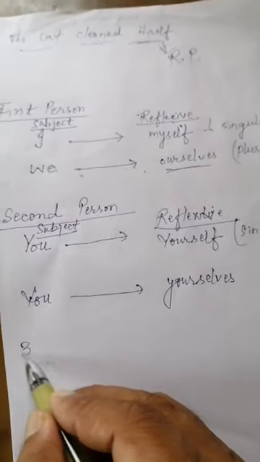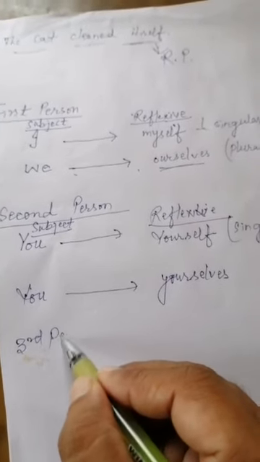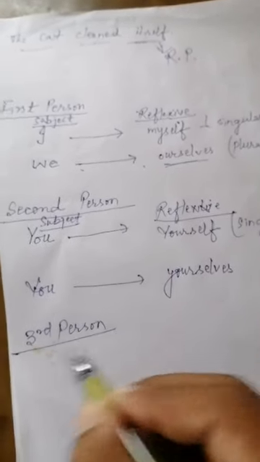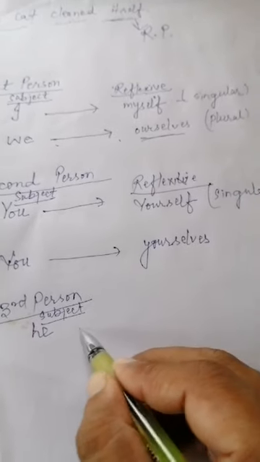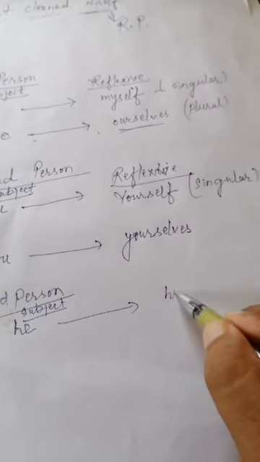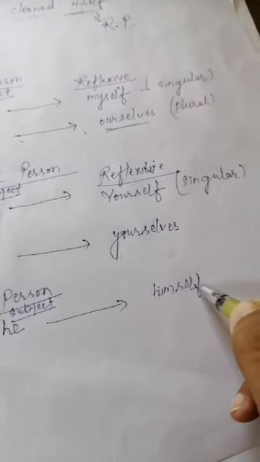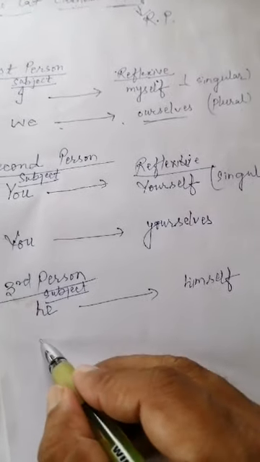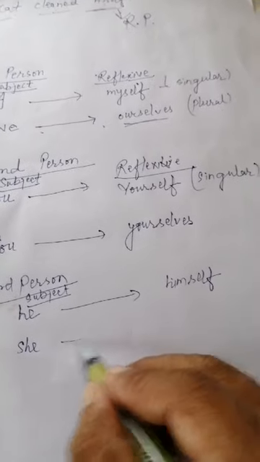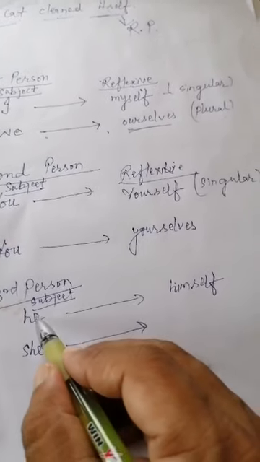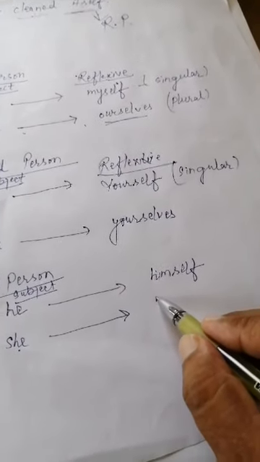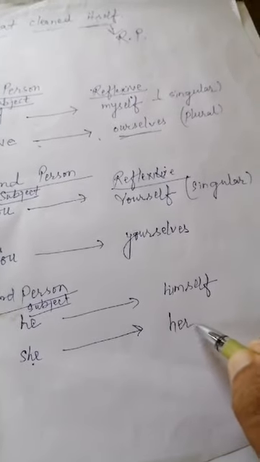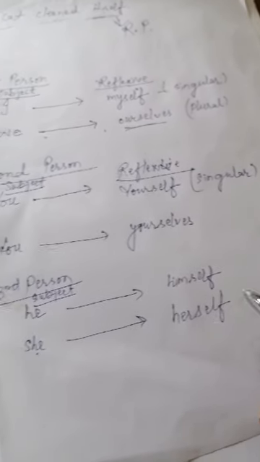Now move on to the third person. Third person, he, singular form, subject; reflexive case, himself. You know all these words. She: he is your male, she is your female, she is also singular, and its reflexive form will be herself.